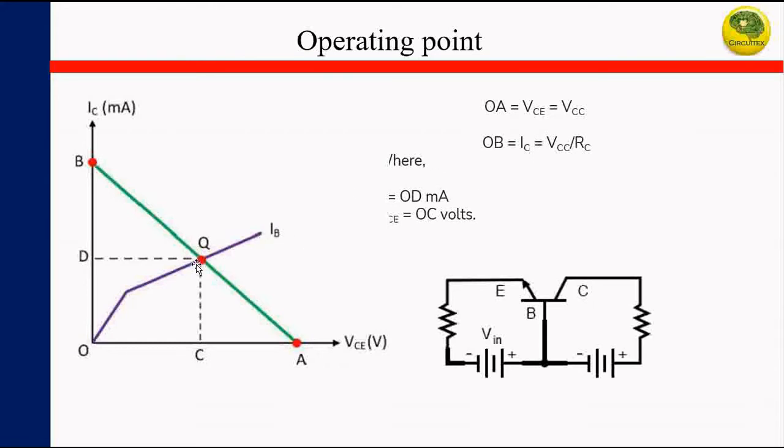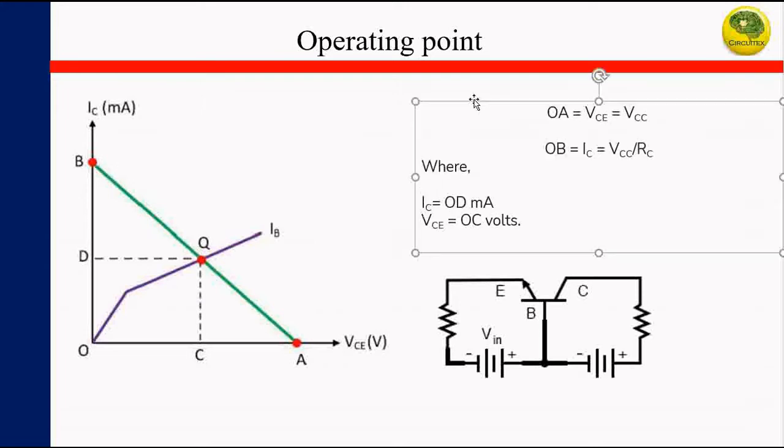On the other hand, the line OB is equal to the current IC, which is equal to VCC divided by RC. The line OD is in milliamperes, and VCE is equal to the line OC in volts.